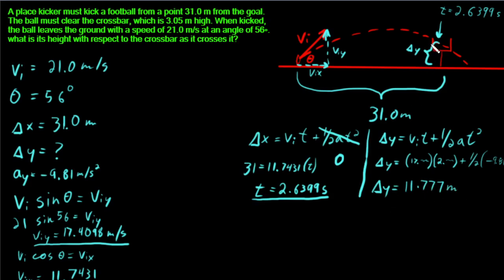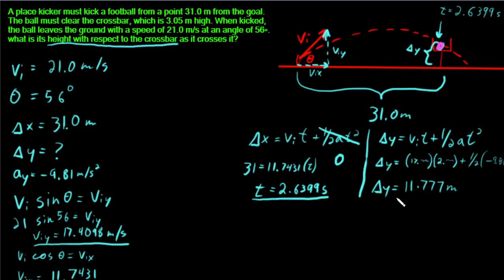Now, that is the total height, but the question says height with respect to the crossbar, which means we'd really like to know this little value right here. Okay, and so we're really looking for the value represented by the pink circle.